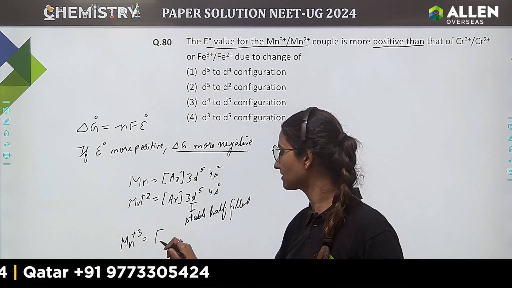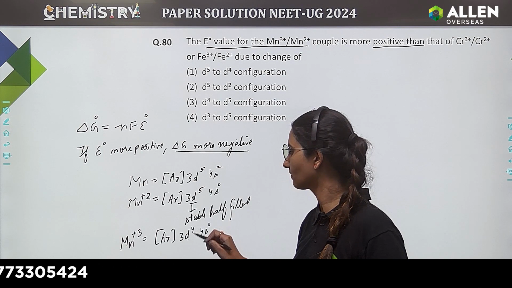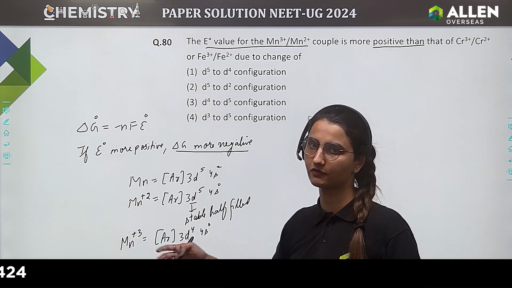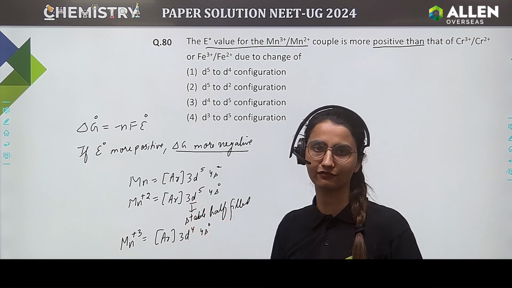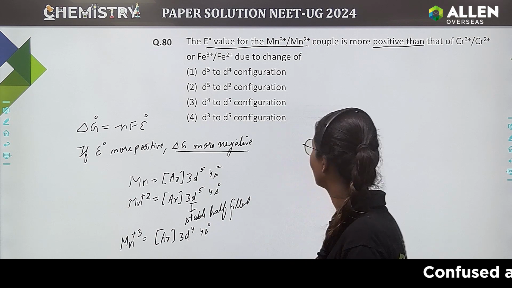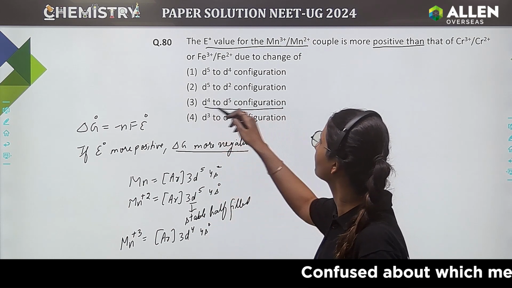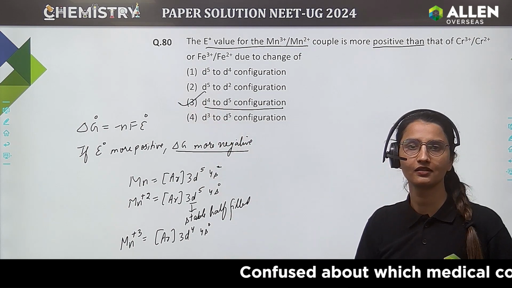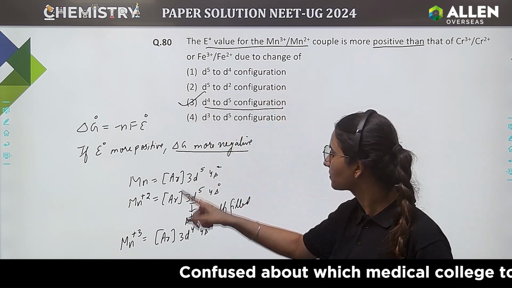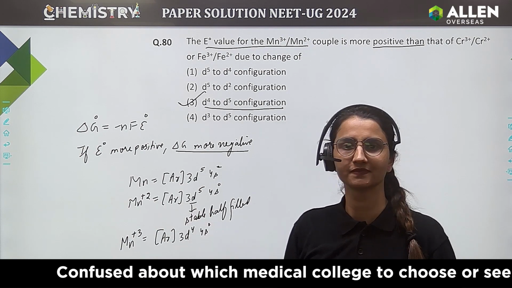It would be, students, argon 3d4. Among this and this, we all know which is more stable, 3d5. So obviously conversion of this into this is supported, no? Why? Because it is changing from d4 to d5 configuration. If Mn plus 3 has d4, changing into d5, that's it. Right? Okay.